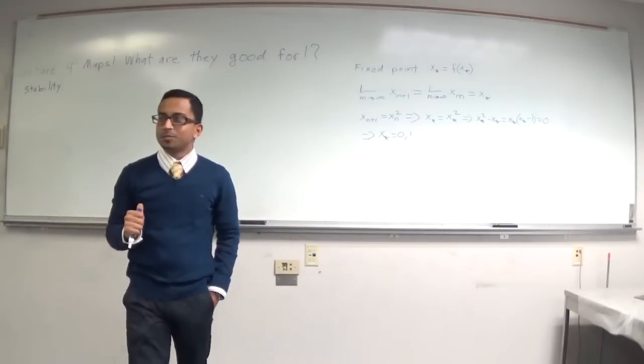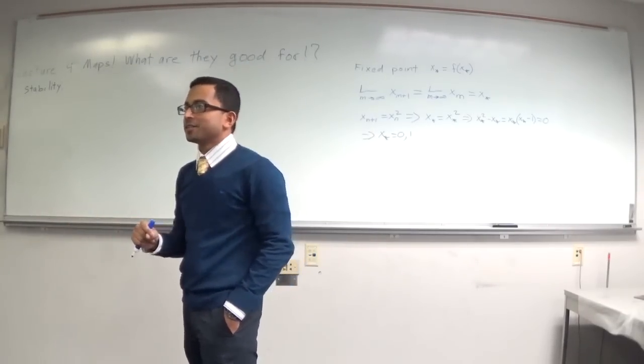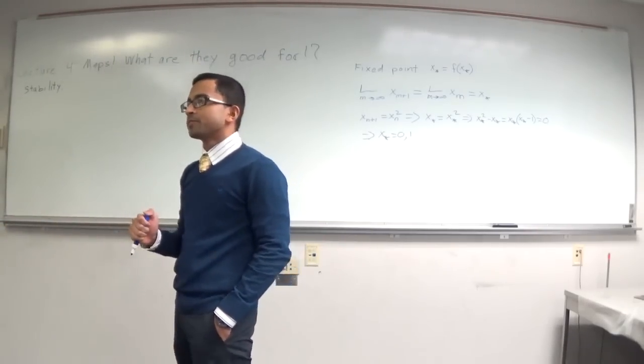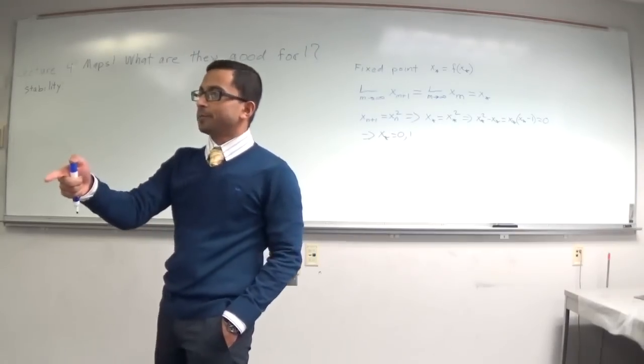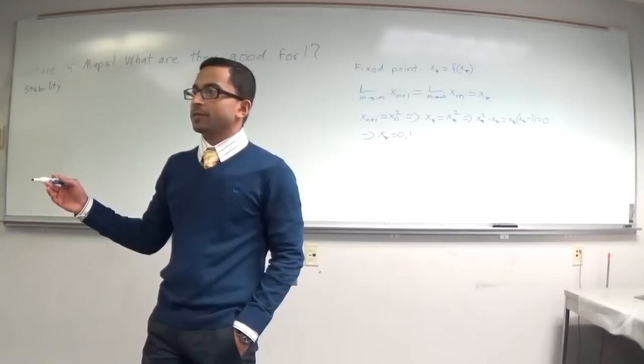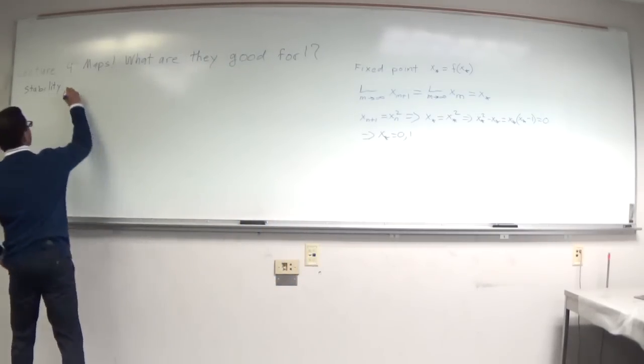So what is stability though? What does it mean for a fixed point to be stable or unstable? You start at the point and then you will converge to it. Okay, so that's stable. And if you start away from it, you're going to move away from it, right? Let me remind you what it is, and then we'll prove it.